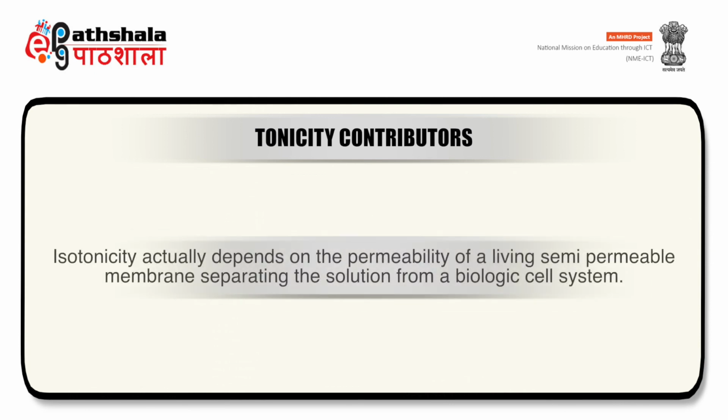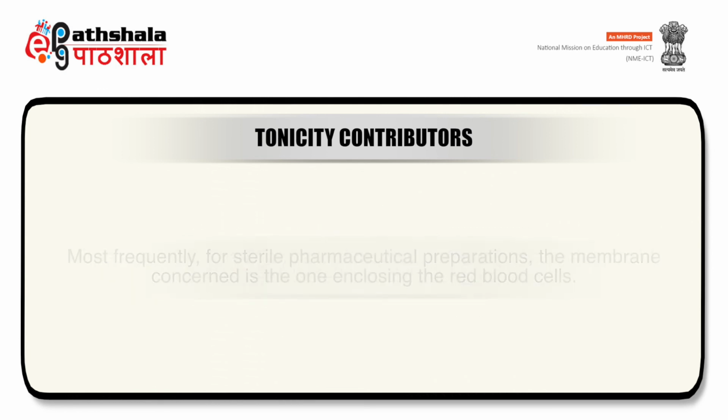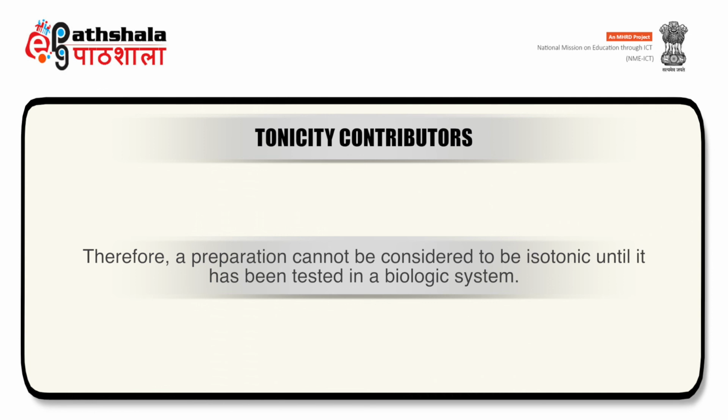Isotonicity actually depends on the permeability of a living semi-permeable membrane separating the solution from a biological cell system. Most frequently, for sterile pharmaceutical preparations, the membrane concerned is the one enclosing the red blood cells. Therefore, a preparation cannot be considered to be isotonic until it has been tested in a biological system.